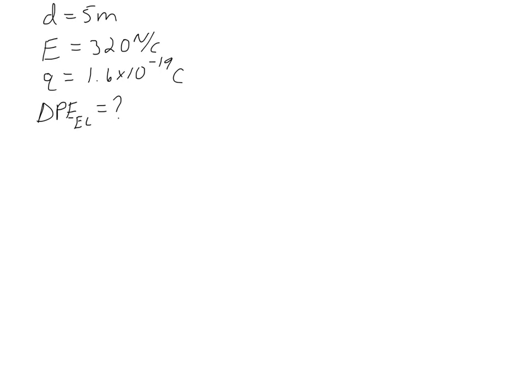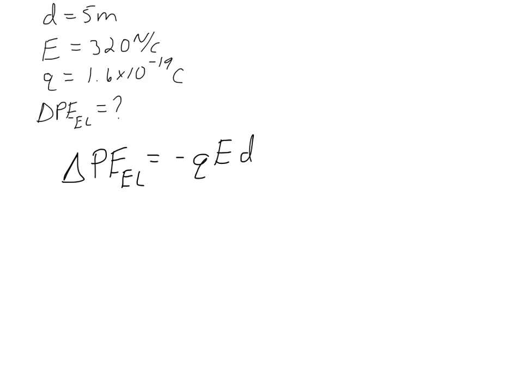So the equation we're going to use here is the change in electric potential energy equals negative QED. Now the trick on these is that if the electric field and the distance it travels through are in opposite directions, one of them has to be negative.